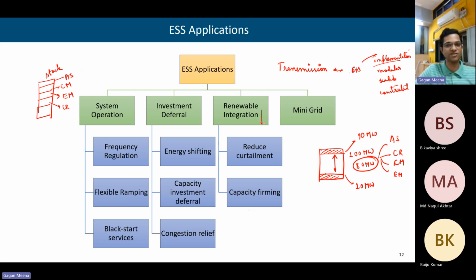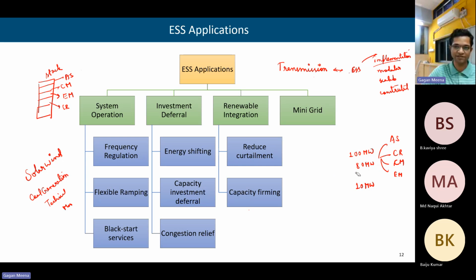Then renewable integration. If solar and wind generation is much more, let's say during the daytime, we already know that the coal generators have a technical minimum. There is one very peculiar thing which we'll find when renewable penetration is quite high.